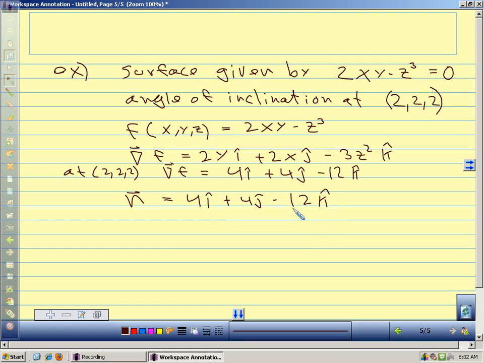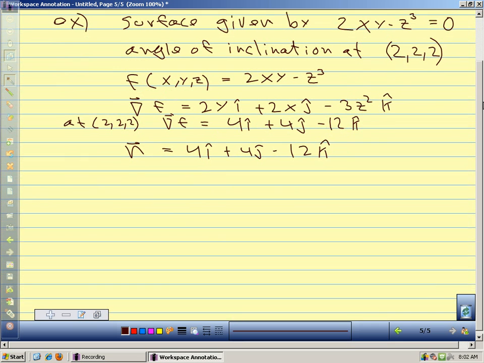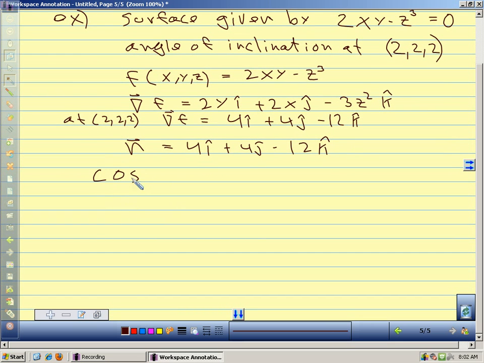Our cosine of our angle of inclination is going to be the absolute value of n dot k over the length of n. So we need to calculate our dot product and our length. N dot k, absolute value, is just 12. So we're only interested in the k component.